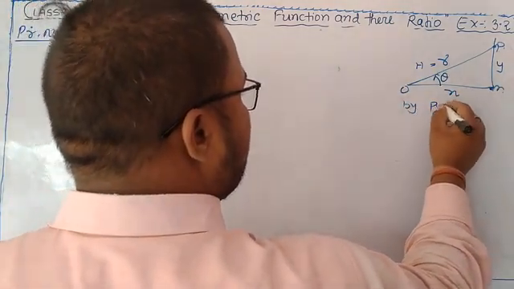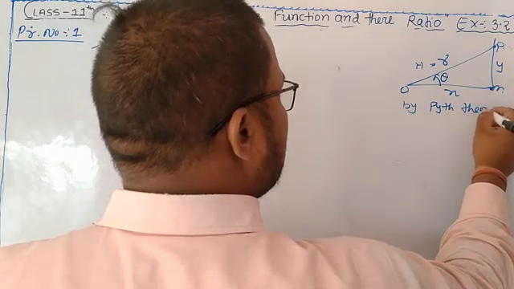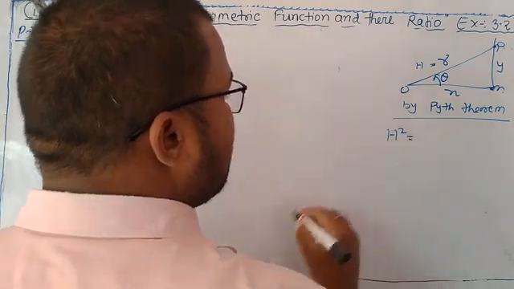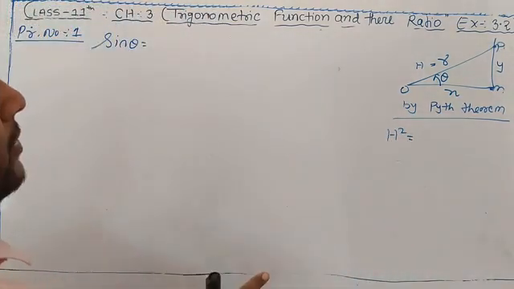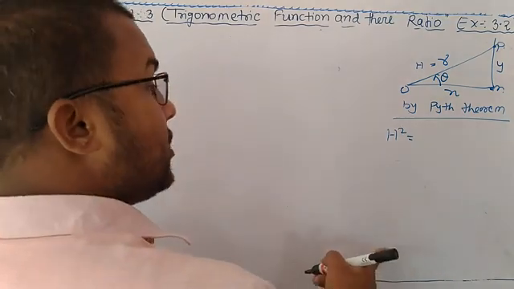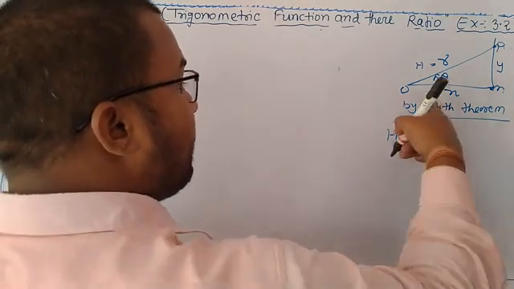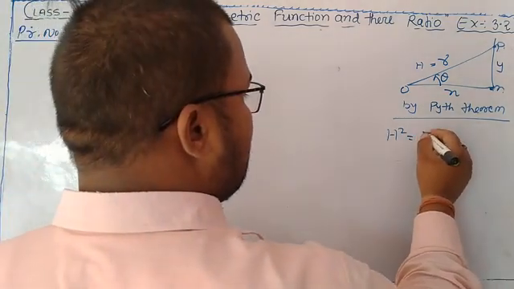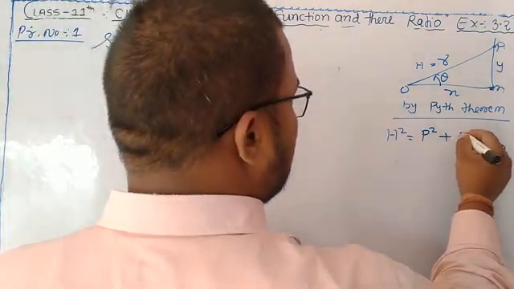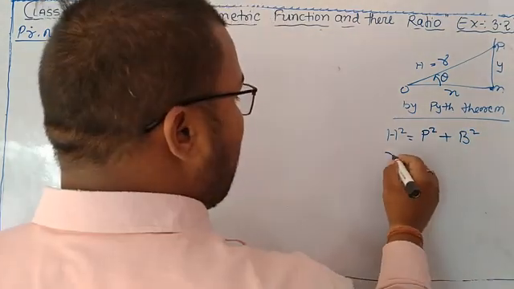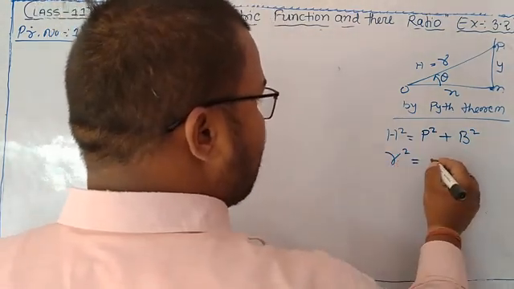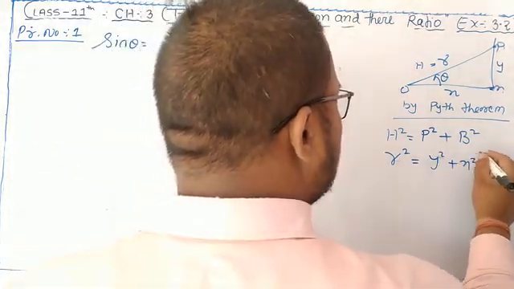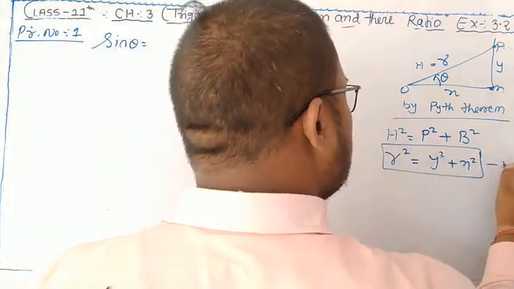By the Pythagoras theorem, the square of the hypotenuse is equal to the sum of the squares of the other two sides of the right angle triangle. Hypotenuse square is equal to perpendicular square plus base square, and radius square is equal to y square plus x square. This is equation first.